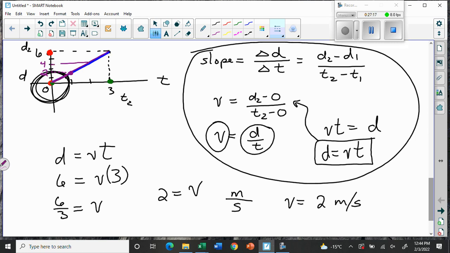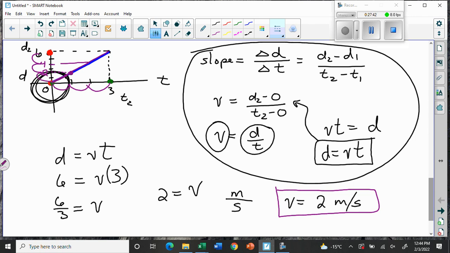We're at 4. And then we traveled another 2. So every one of these seconds, we've gone 2 up until we get to 6. And that's what the velocity means, 2 meters per second. And that's how slope works. It's the comparison of going up on the graph as opposed to going sideways. And that's how we can deal with velocity.